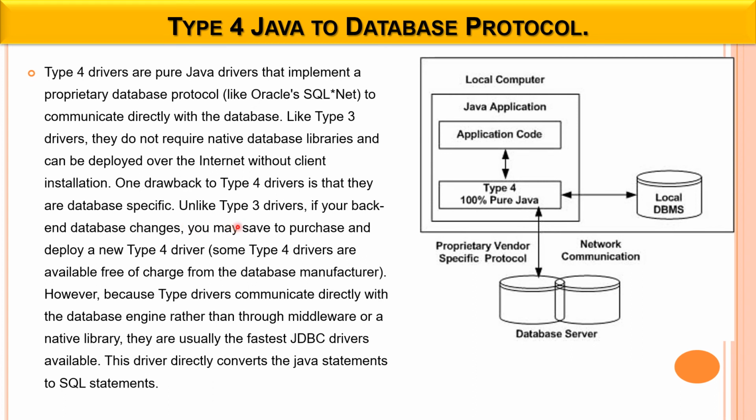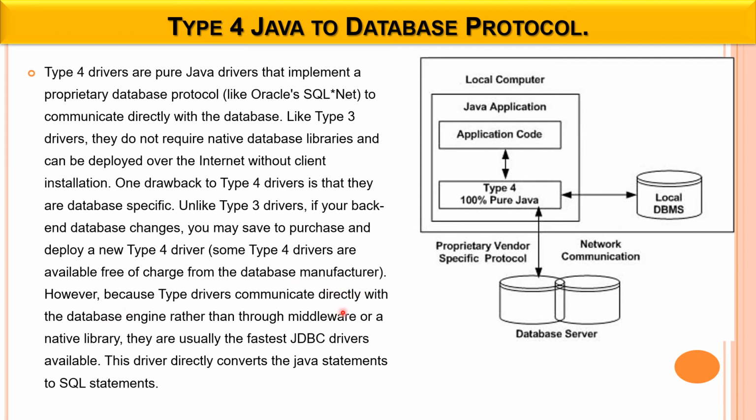So unlike type 3 drivers, if your backend database changes, you may have to purchase and deploy a new type 4 driver. Some type 4 drivers are available free of charge from the database manufacturers.